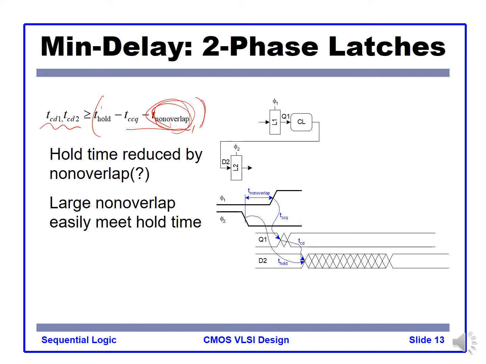So this is good for meeting the hold time requirement, right? We can make it a shorter delay on the logic path, as the right term will become smaller for a large non-overlapping, right? So actually this relaxes meeting the hold time requirement by having a large non-overlapping period.